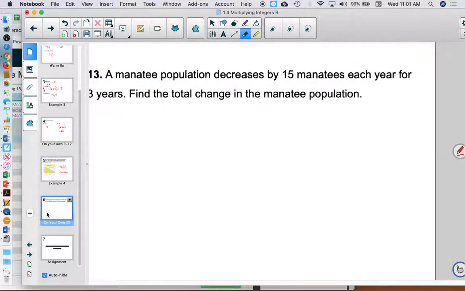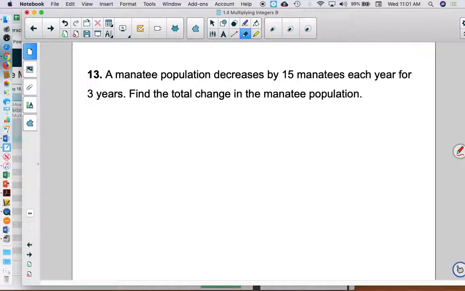A manatee population decreases by 15 manatees each year for 3 years. You know what a manatee is? Yes. It's a water creature. Looks like a big old elephant thing in the water, because it's got a little bit of a trunk, doesn't it? Find the total change in the manatee population over 3 years.